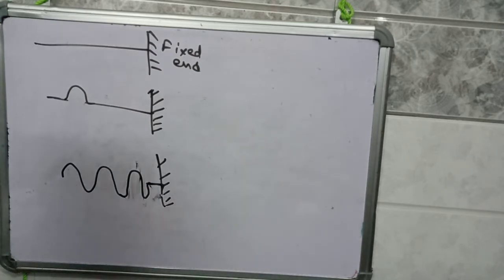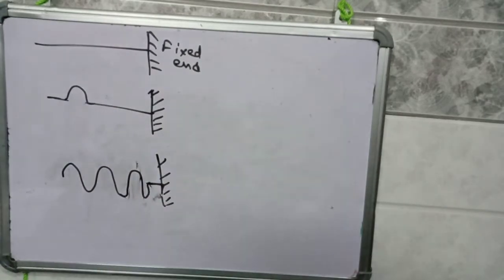One thing is that we will discuss mechanical waves in this chapter. What kind of wave are we discussing? Mechanical waves, that is, those waves which require a medium to travel. For example, waves formed in a string, water waves, waves formed in a guitar, sound waves.